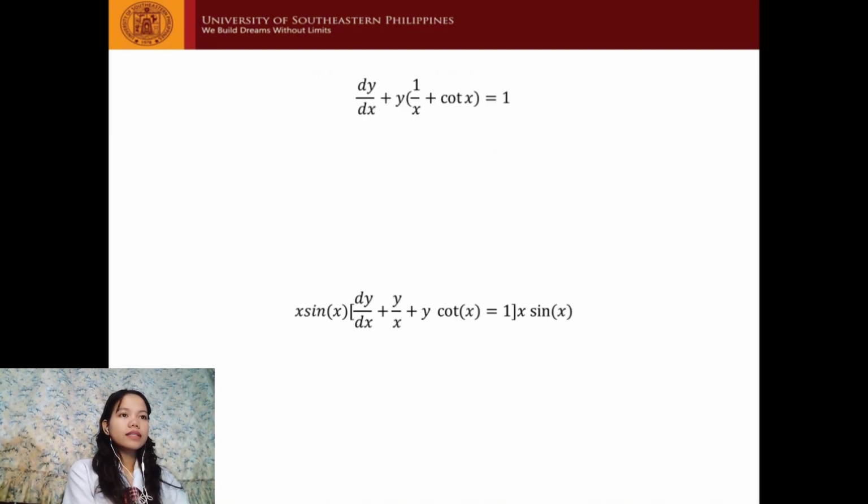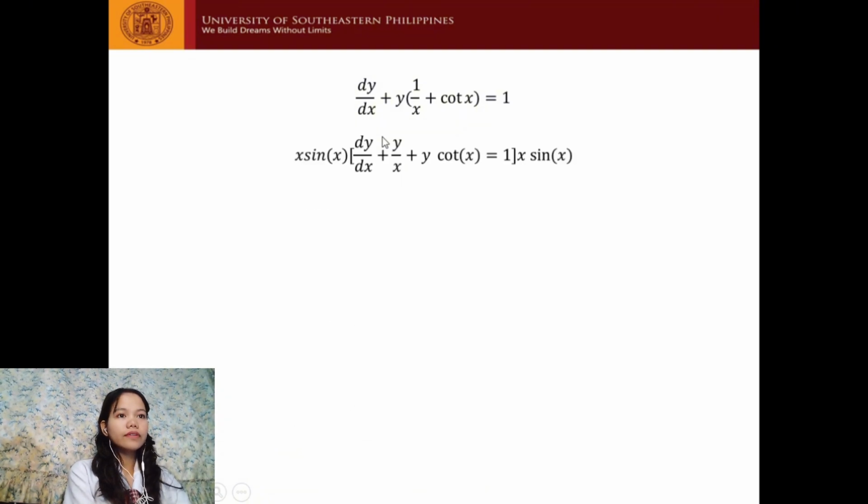Next thing we do is that we have to multiply the x sine x to both sides. So what we have right now is x sine x multiplied to the quantity of dy over dx plus y over x plus y multiplied to the cotangent of x equals to 1, which should be multiplied also to x sine x.